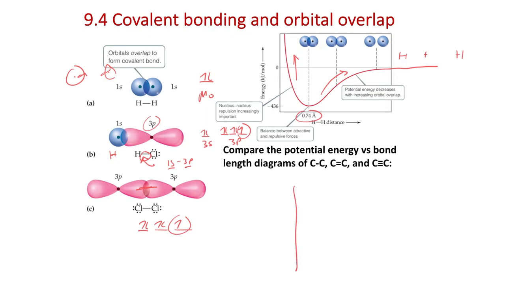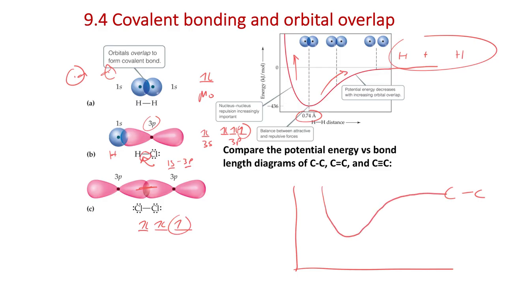Let me just start with a basic picture of what a carbon-carbon single bond might look like. So let's hypothetically think it'll look a lot like the hydrogen bond, where it'll have some ideal bond distance, and then it'll separate into the 2 carbon atoms. And so this is our single bond. Then let's think about how the carbon-carbon double bond will look different, because the carbon-carbon double bond will be shorter than the single, but also stronger.